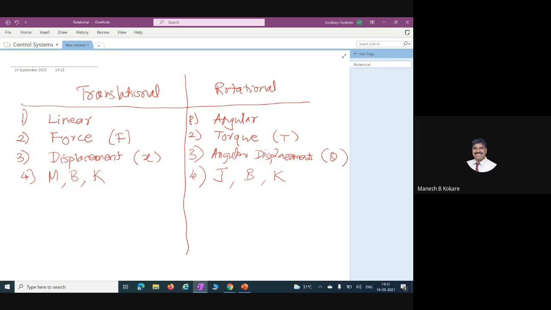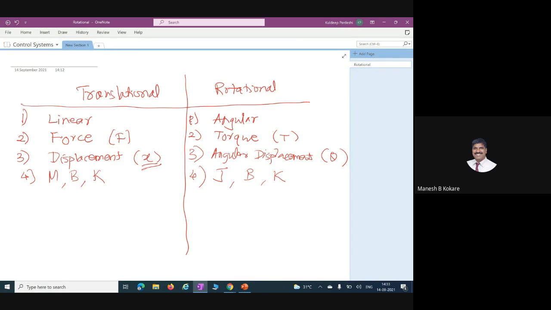Here, displacement is x in case of a translational mechanical system, whereas when a rotational spring is there and you apply a twisting force or a torque on it, there will be an opposite force offered by the rotational spring, and that is directly proportional to the angular displacement. So it is similar, the only thing is that in a translational mechanical system there will be a linear displacement, whereas in a rotational mechanical system there will be angular displacement.